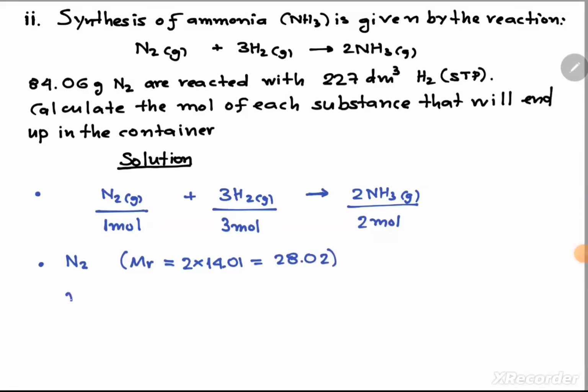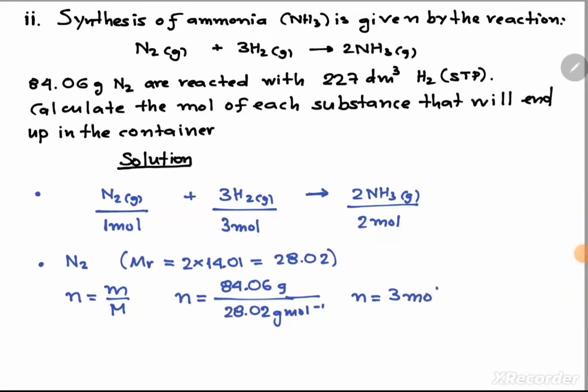And we use the relationship to find the number of moles. The number of grams is divided by the molar mass of nitrogen, and we find 3 moles nitrogen.